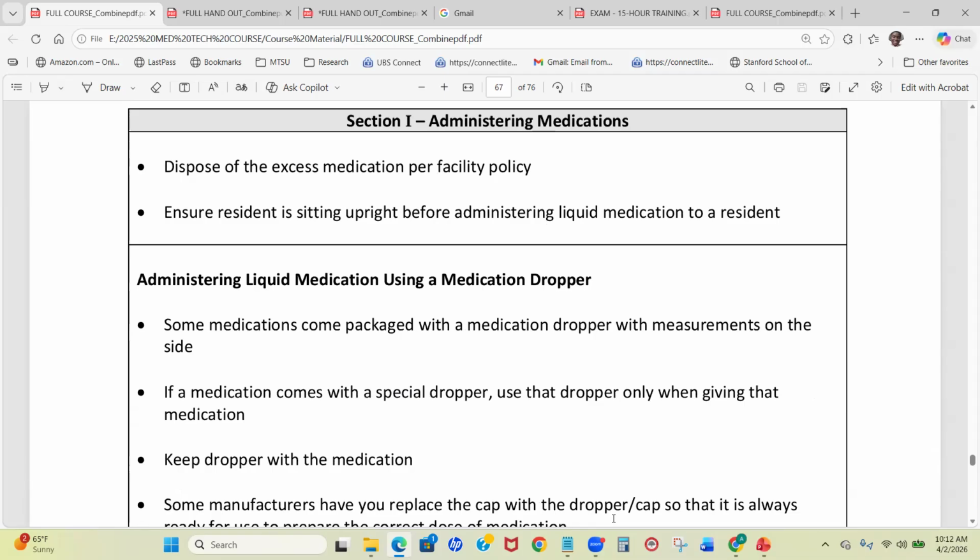And one thing you must not do: some of the medicine comes with a dropper to measure. So you squirt it out. I've seen nurses do that all the time. Do not do it. I can't stress this enough.